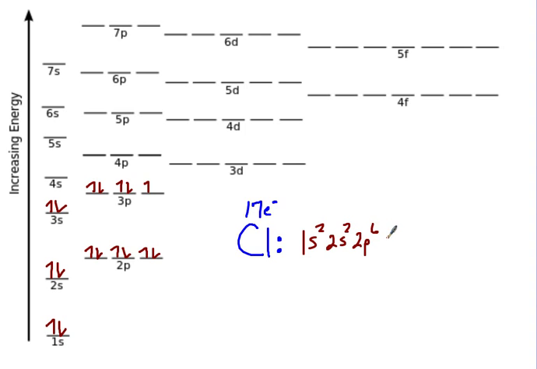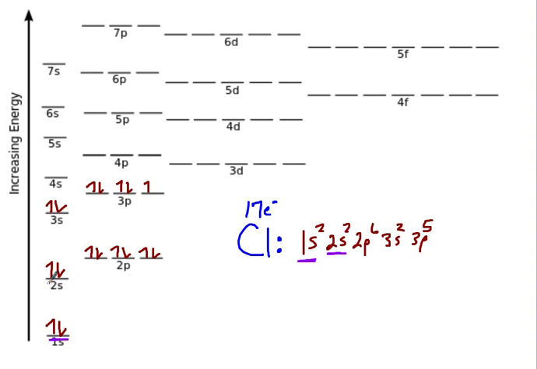2p6, 3s2, 3p5. So 6, 7, 8, 9, 10, 11, 12, 17. Okay, so you don't have to look too closely to see the pattern. They're exactly the same. My 1s level has 2 electrons in it.